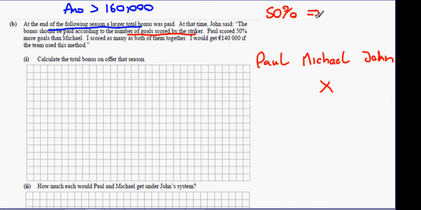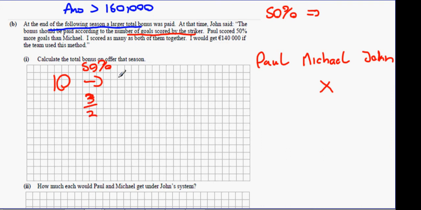Okay, let's think of this another way. If I gave you the number 10 and I asked you to get a number that's 50% bigger than that, what would you do? You divide by 2 and multiply by 3. To add 50% onto 10, you would say, okay, I've got to halve it and add it on. Another way of doing it would be to divide by 2 and multiply by 3.